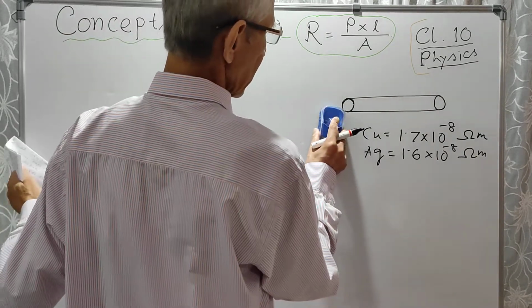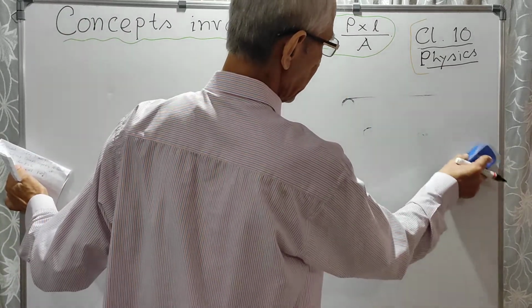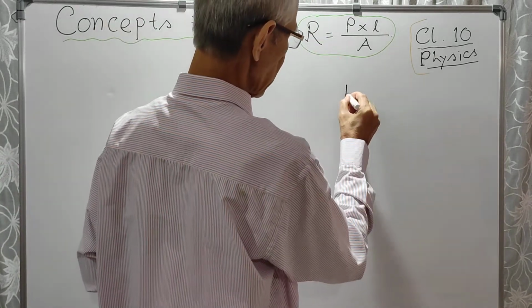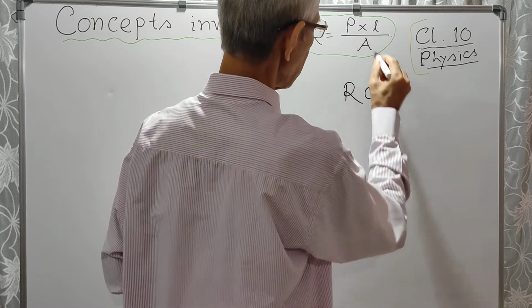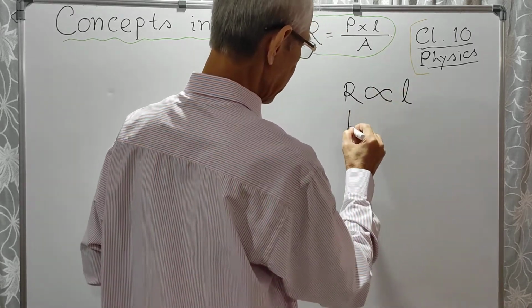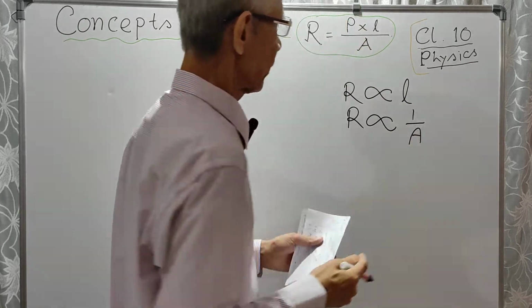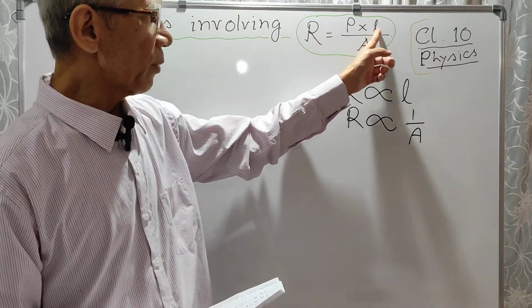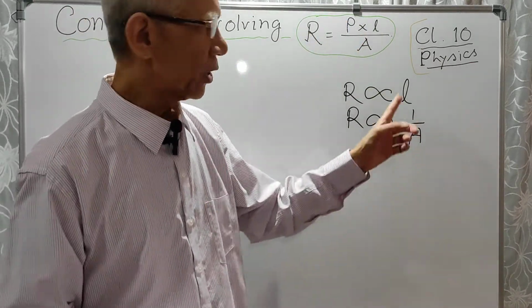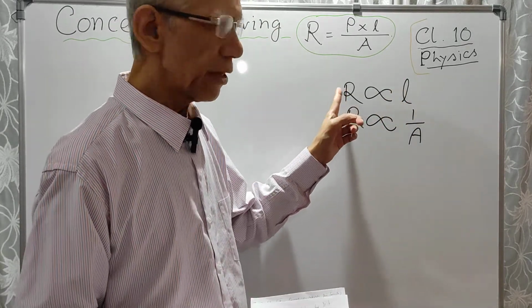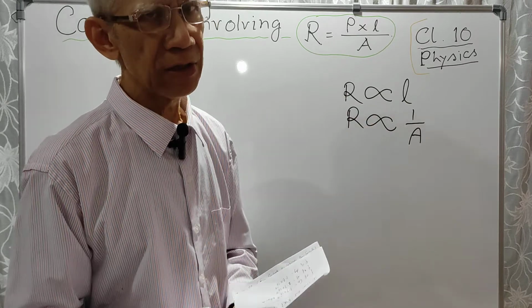Now, if you look at the formula, you will see the relation. This resistance R is directly proportional to L and inversely proportional to A. Resistance is directly proportional to L. That means if we increase the length of a conductor, then the resistance of the conductor will increase.